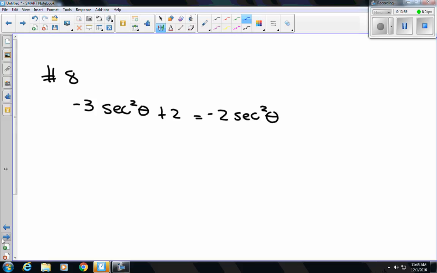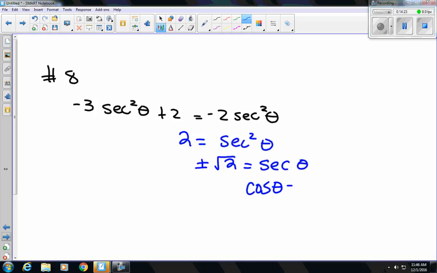All right? You add 3 secant squared theta. So 2 equals secant squared theta. Take the square root. And if I take the square root, I get plus or minus square root of 2 equals the secant of theta, which is really cosine of theta equals plus or minus root 2 over 2.